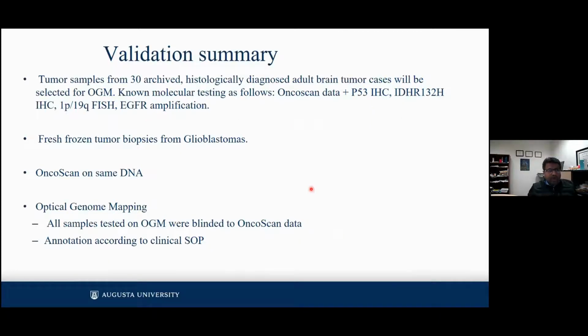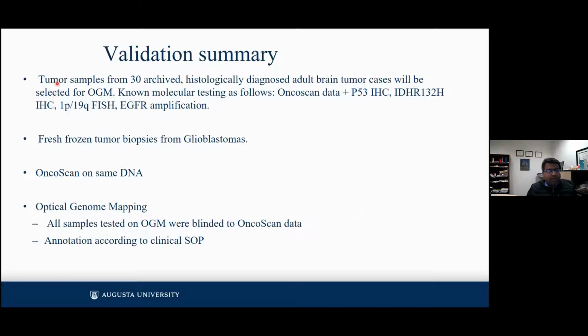So with that history in the background, I want to take you to our plan to look at these adult brain tumors which we have banked and see how optical genome mapping, number one, helps us with concordance with existing molecular data we have. And on top of that, what additional information OGM would add to it, especially any clinically relevant information.